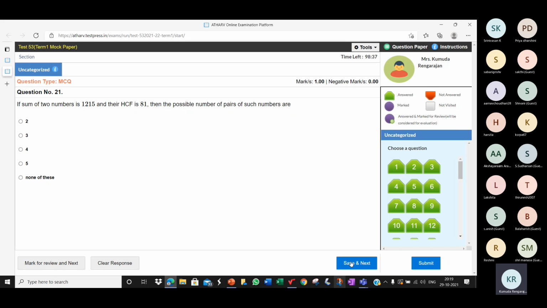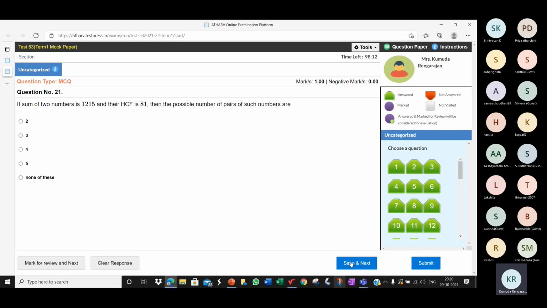And 22 is 2 into 11. So 2 into 8 is like 2x, and 2 into 11 is like 2y. HCF into x and HCF into y will give you the two numbers. Yes or no? Yes, ma'am.